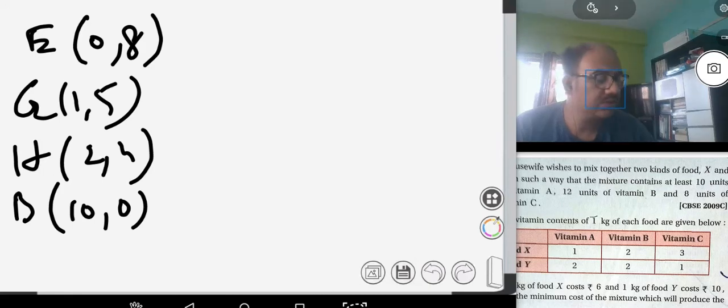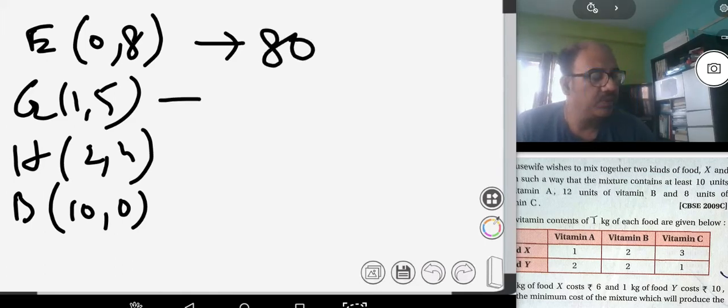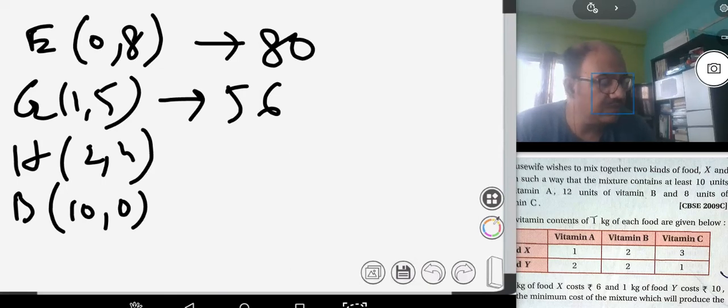For the point E the cost was 80. For the point G the cost is 6 plus 40, that is 46. For the point H the cost is 12 plus 32, that is 44.